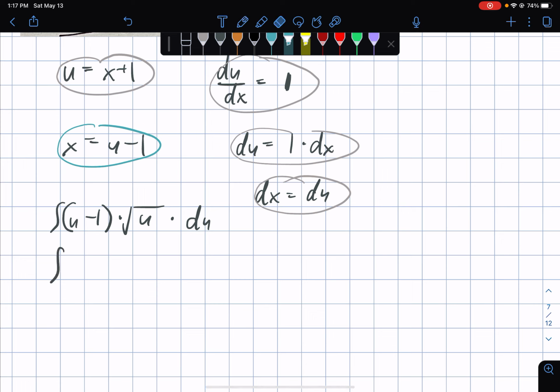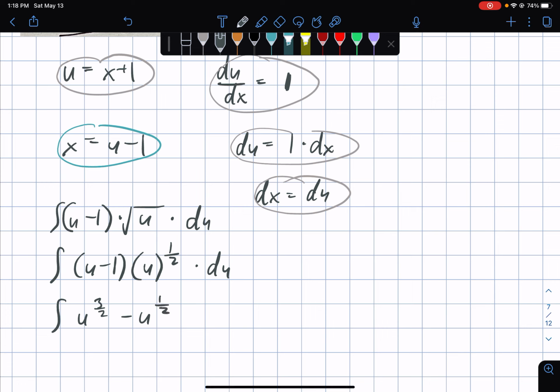Therefore, we simplify this one. U minus 1 and then times, we transform the radical sign into exponent. So we have something like that. Simplify using the distributive property. Then we do power rule. U raised to 1 over 1 times u raised to 1 half, 1 over 1 plus 1 half, 2 over 2 plus 1 half, that's 3 over 2. And then minus u, just copy the exponent.